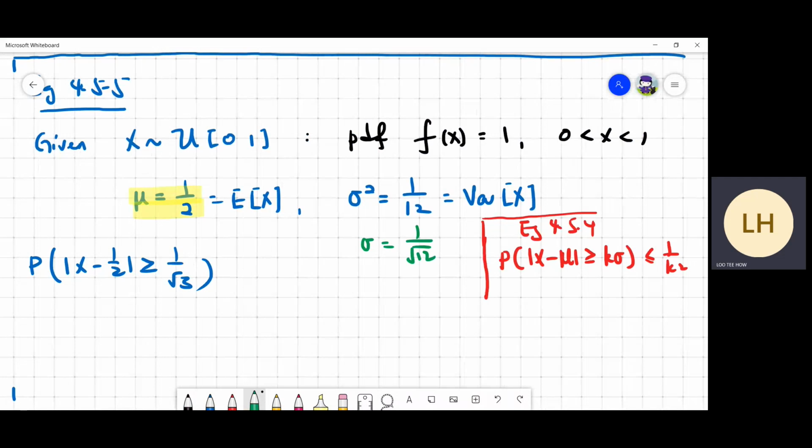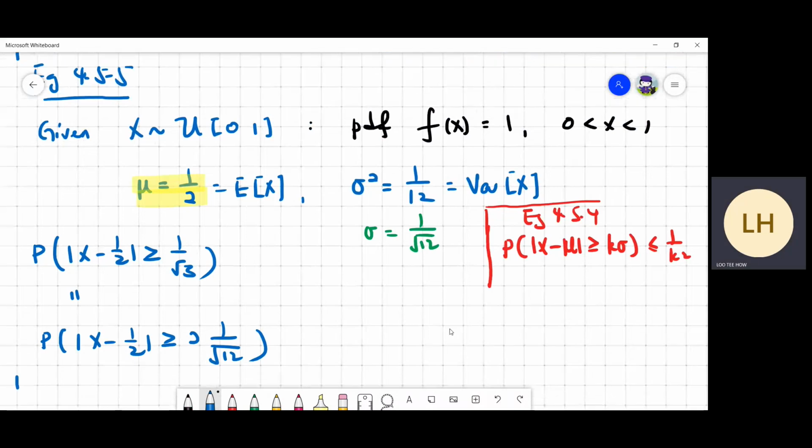If we want to put it in this form, we have to make sure there is a term 1 over square root of 12 inside. So this can be written as P of modulus x minus half greater or equal to, and to make 1 over square root of 12 inside, we multiply 2 over 2. So that will be 2 multiplying 1 over square root of 12, and this is actually 1 over square root of 3.